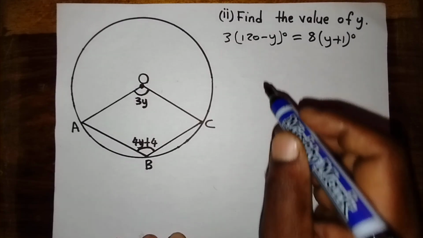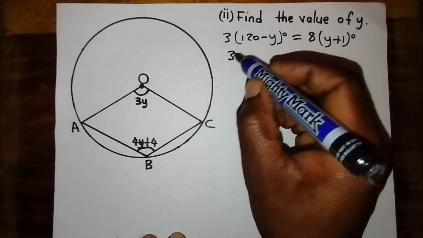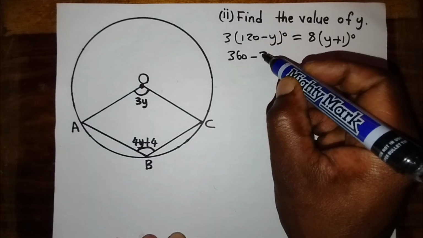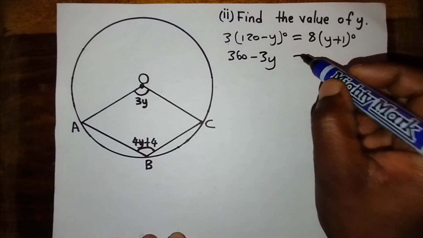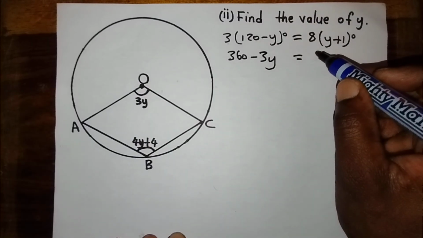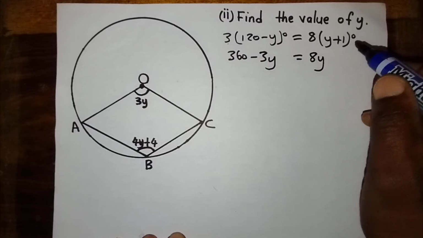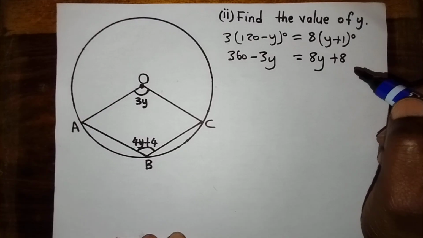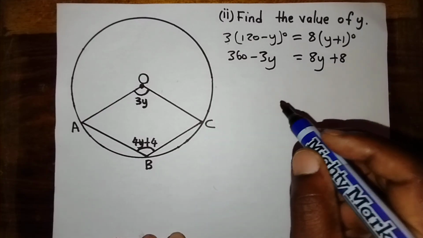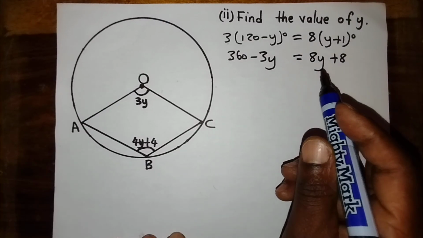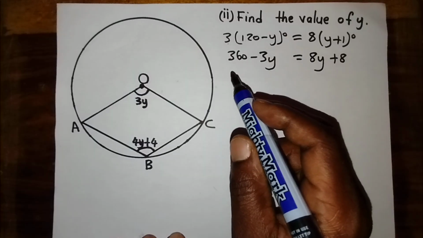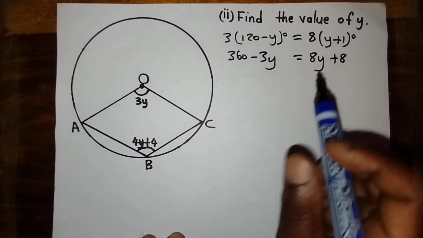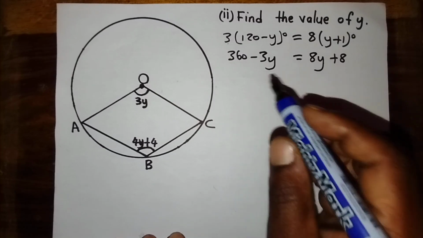So 3 multiplied by 120, we get 360. 3 multiplied by minus y, we get minus 3y, equals 8 multiplied by y, we get 8y. 8 multiplied by 1, we get 8. Okay, so now we collect like terms. The number terms, I'm going to put them on the left side of the equation, and the terms in y, I'm going to put them on the right side of the equation.